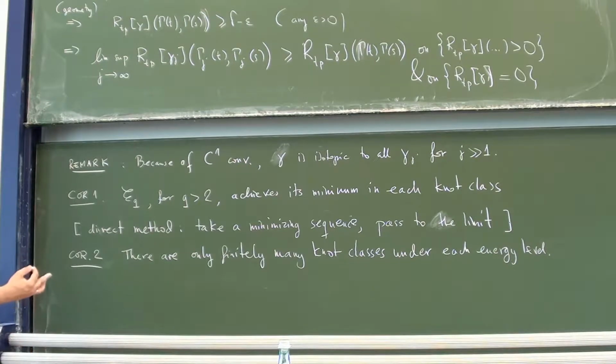And it turns out that this energy has not only minima in each knot class, but in many knot classes it has other critical points.